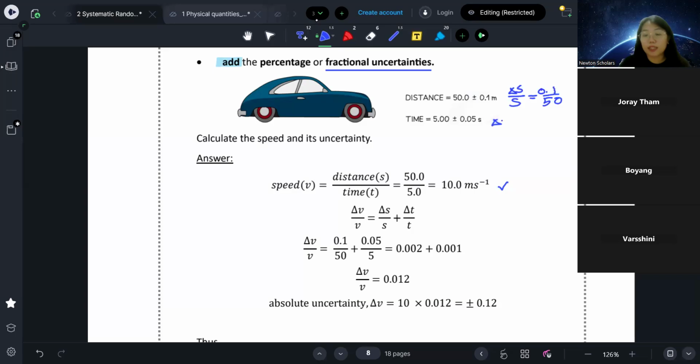We find the fraction, time divided by actual time. This is called fraction of uncertainty. So it's 0.05 divided by 5. So we find the fraction, add it up together. Okay? So for this case, it's not just take the uncertainty, add it up together. Cannot. We find the fraction first, then add it up together.